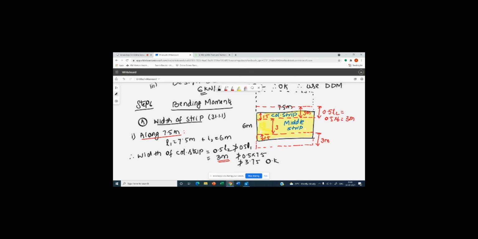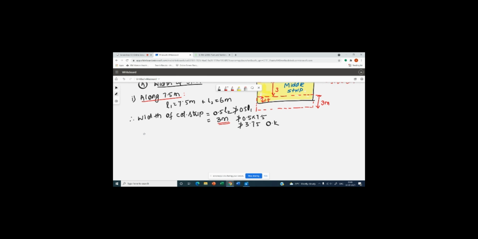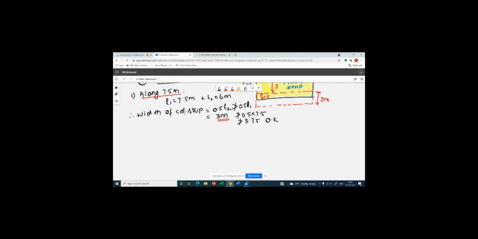You can go for a width of column strip of 3 meters because you are satisfying the recommendation of IS 456. So once you calculate the width of column strip, if you subtract from the remaining length, you will get the middle strip width. So finally, I am writing as provide 3 meters wide column strip and 3 meters wide middle strip, the remaining will be the middle strip as shown in figure.